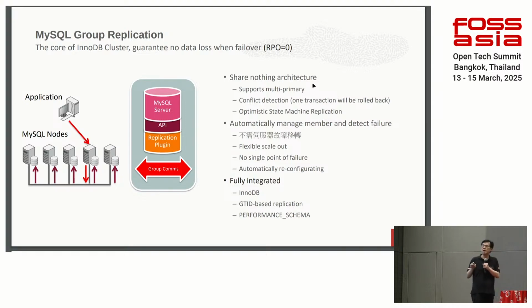And once the primary node goes down, the rest of the nodes will automatically pick one node as the new primary node. So this is how we can do the failover.